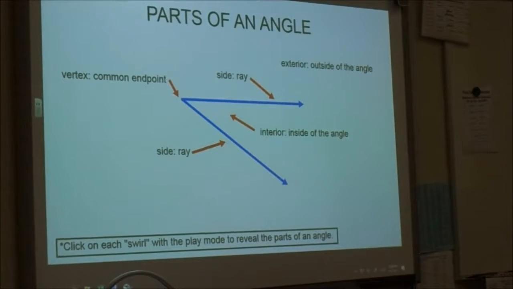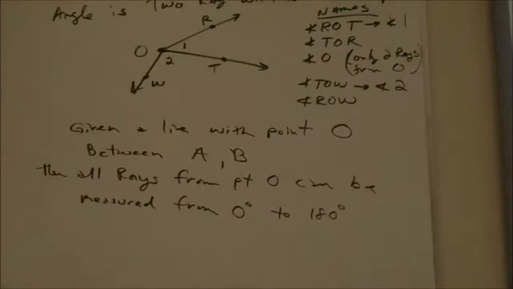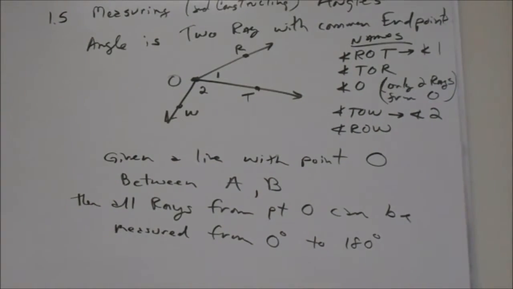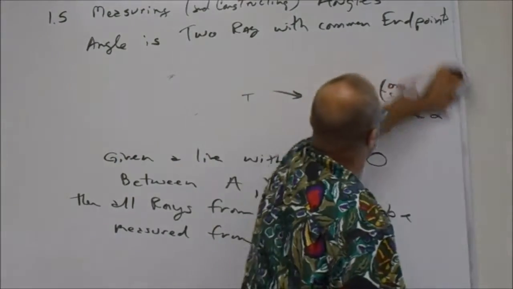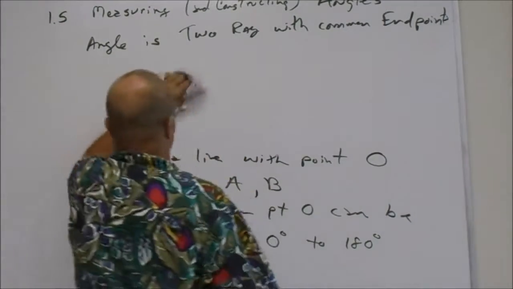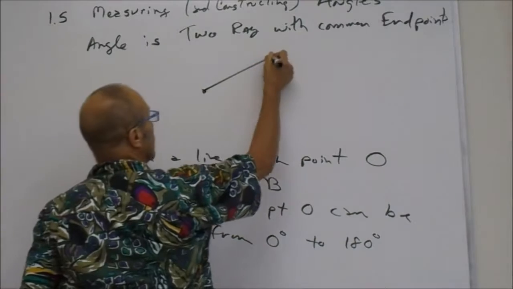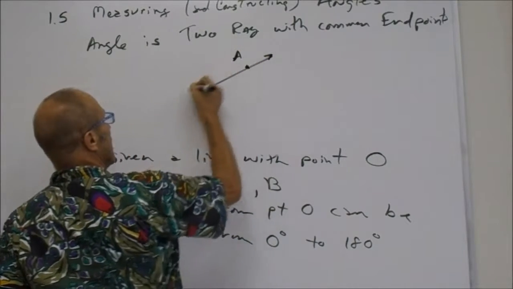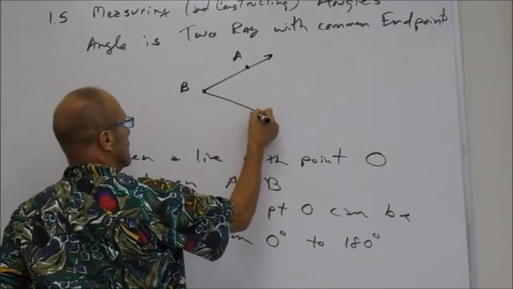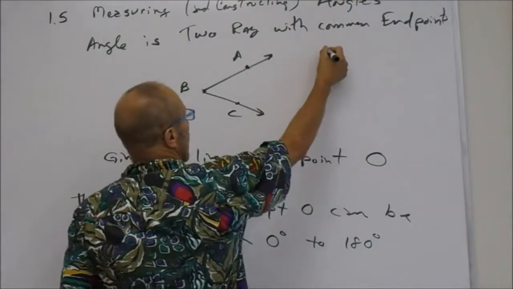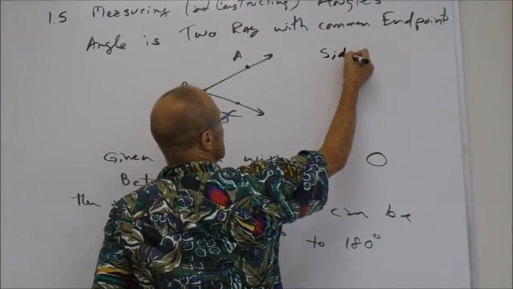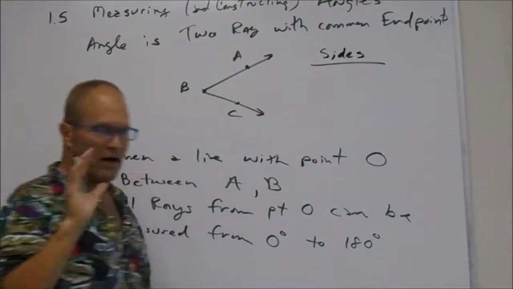And if I did give you a little quiz, let's look at this angle again. Erase this, and if I say here's an angle ABC, I could ask you to name the sides. And here you have to be careful.